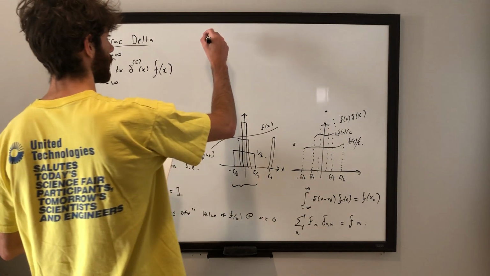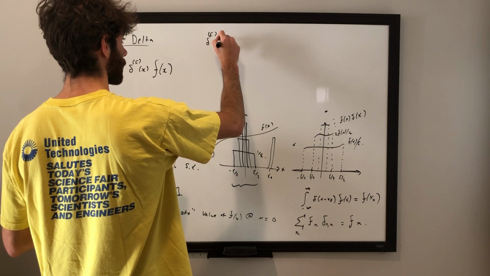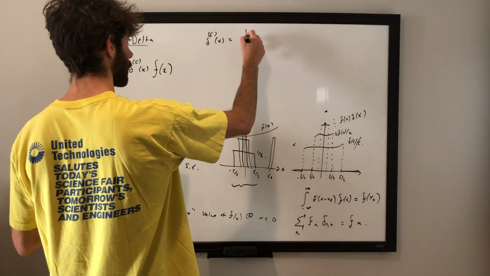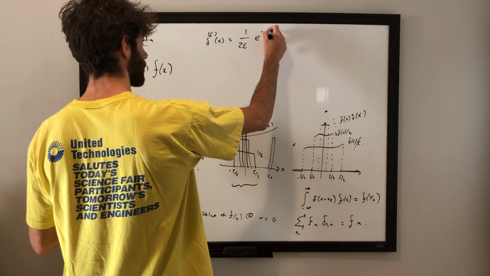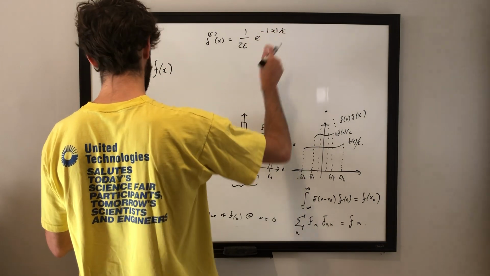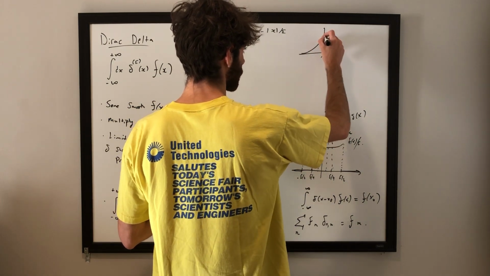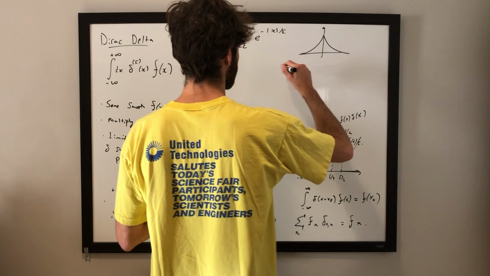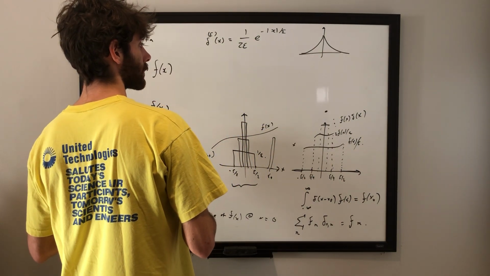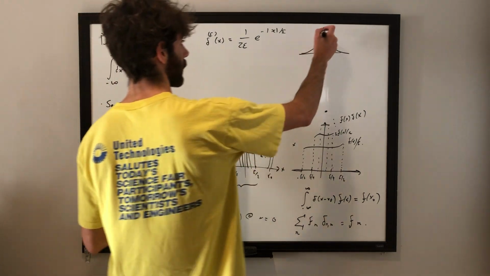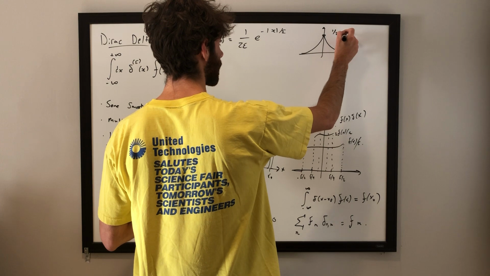So for example, a function like 1 over 2 epsilon e to the minus absolute value of x over epsilon, which looks something like this. Here when x is 0, this is 1, so we just get 1 over 2 epsilon at the peak.